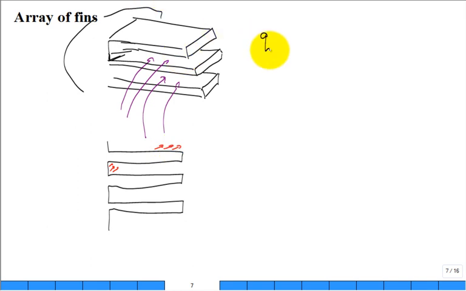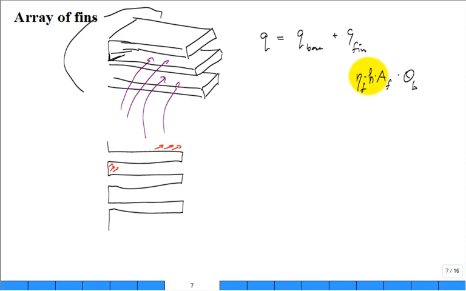So the total rate of heat transfer is a combination of the exposed base and what comes off of the fin surface. And we have a model for what comes off of the fin surface. It's the efficiency of that single fin, and there's going to be a whole bunch of them, times the area of that single fin, times the theta base. And I left out the convection coefficient, didn't I? Isn't that right?